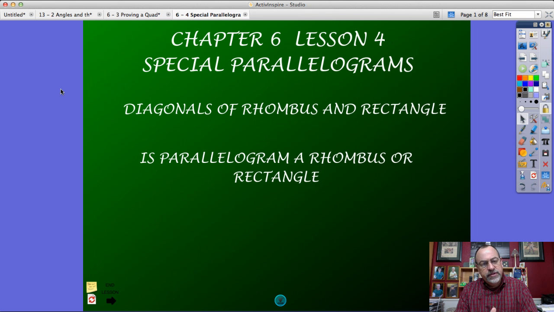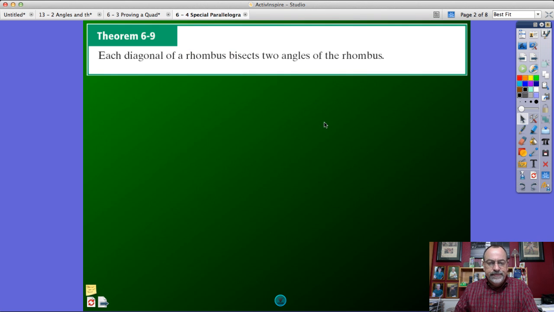All of those characteristics continue to be true of every figure that we talk about in this lesson. So we have those three things that are already true about these figures, and then we're going to have some additional things that are true with these special parallelograms. So let's take a look at those.